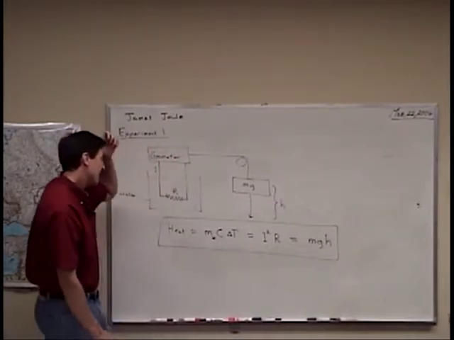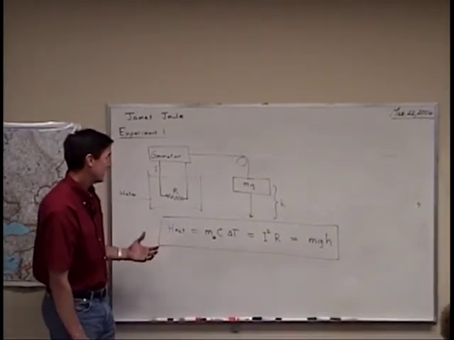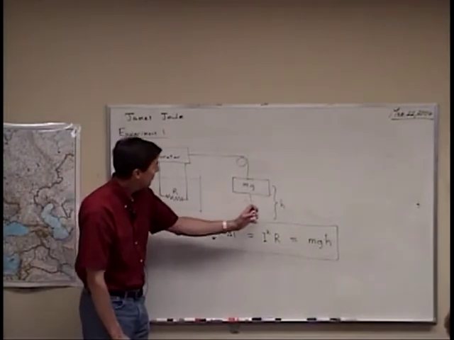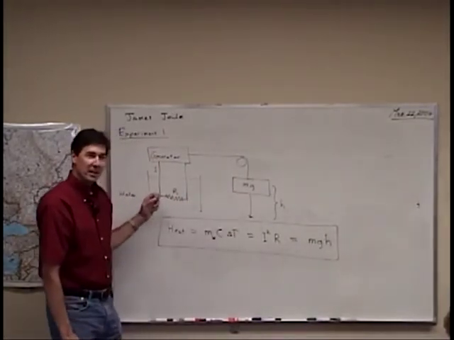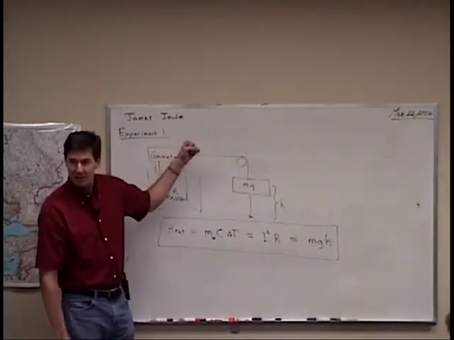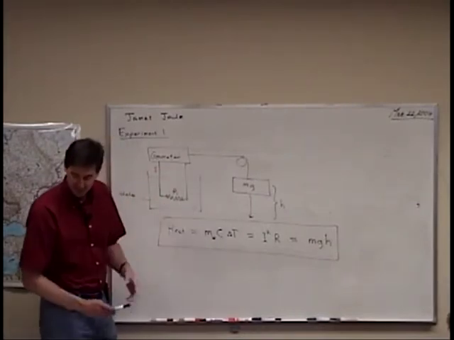So if you really want to establish, in the most accurate possible way, the relationship between external motion and heat generated, you should eliminate the middleman here, right? Well, that's Joule's idea for the next experiment that he does.